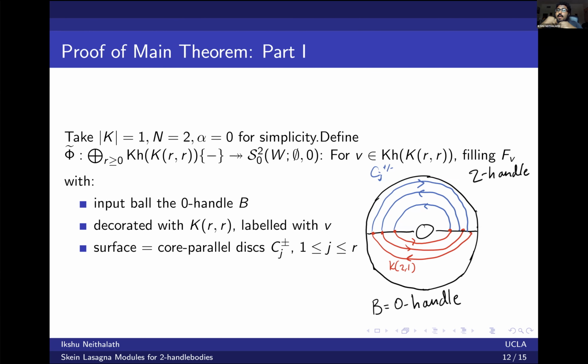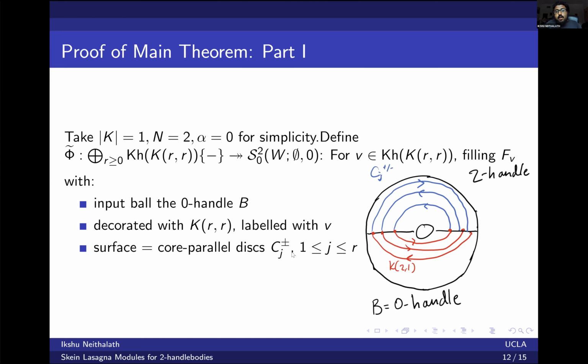And then if I take a bunch of parallel copies of that disk, the boundary of several parallel copies of this core disk will be a bunch of parallel copies of my framed link, my framed knot in this case. In other words, just a cable on that knot. So what I'm going to do is take 2R such disks. So the boundary will be this cable of my knot with 2R components. And there'll either be, I'll call them C lower j.